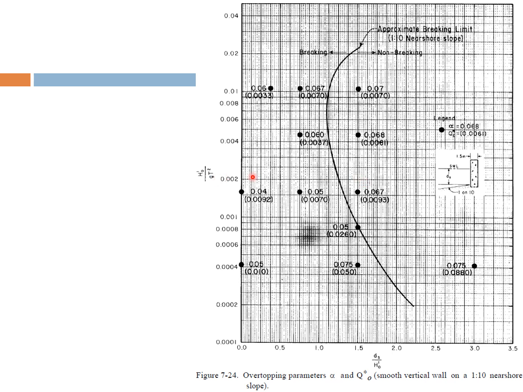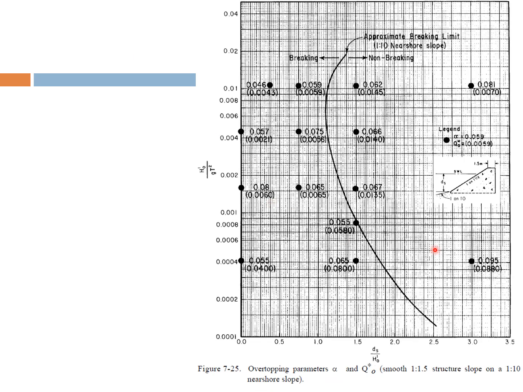And let's say our position is here, then we will get the alpha and the Q naught asterisk value from the nearest points, which are these 4 points. So we may have to interpolate to obtain the alpha value and the Q naught asterisk value. This is another plot for a different structure type with a slope.